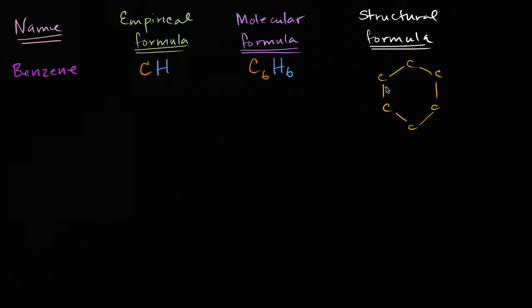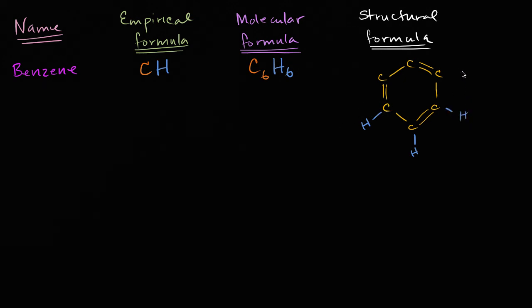Then every other bond on the hexagon is a double bond. And each of these carbons is also bonded to a hydrogen. Each of these lines that I'm drawing is a covalent bond. We go into much more depth in other videos on that, but it's a sharing of electrons. That's what keeps these carbons near each other, and the hydrogens tied to the carbons.